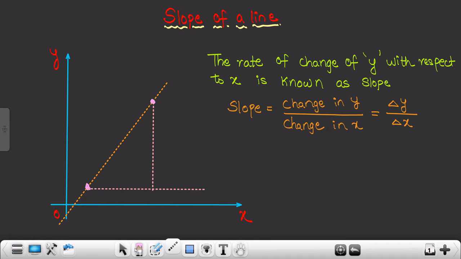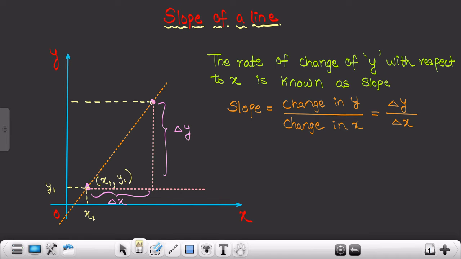As you can see, this is nothing but del y, and this is nothing but your del x. Let's assume this point as x1, y1, so this point would be y1 and this point would be x1. I will write this first point as x1 comma y1.